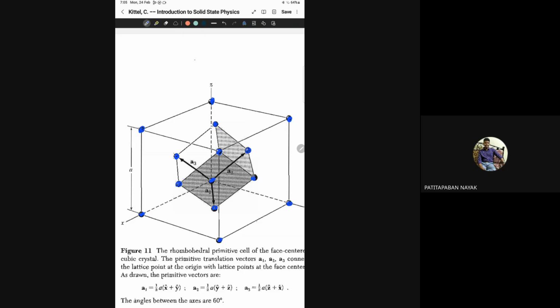Now this is the unit cell. But if we try to construct the primitive cell, it means only atoms at the corners. In that case, the primitive cell vectors will be like this: this will be your A1, this will be your A2, and this will be your A3. So what will be A1?